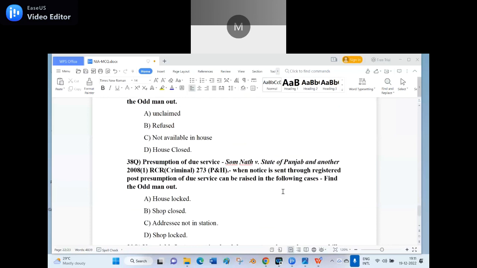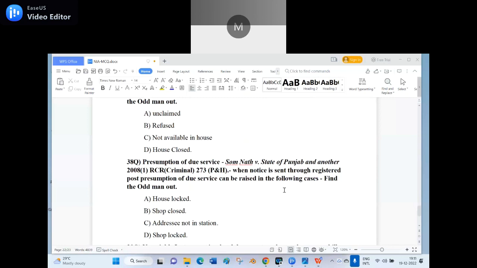Okay, 38th question. Presumption of due service. Somnath versus State of Punjab and another, 2008 (1) RCR (Criminal) 273 P&H. When notice is sent through registered post, presumption of due service can be raised in the following cases. Find the odd man out. A, house locked. B, shop closed.